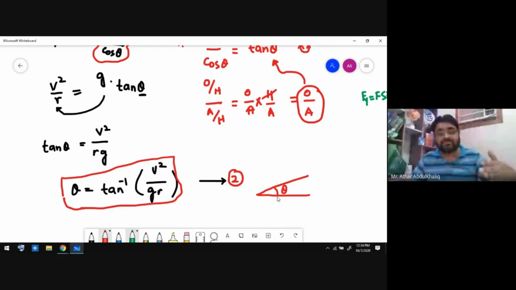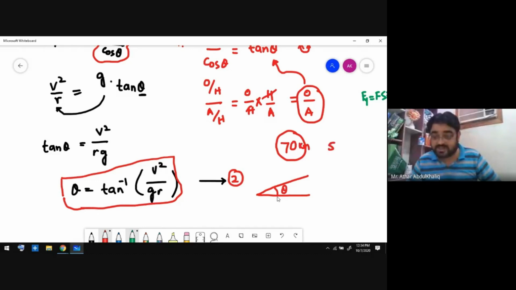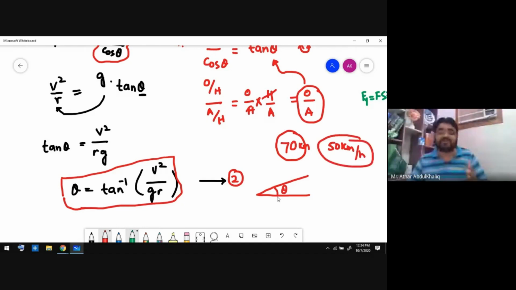If the car will move 70 km per hour, so whenever you go to the main roads there will be a signboard written in a circle that maximum speed limit is 70, maximum speed limit is 40 for this curve. 40 or 70 or 50 is written before the curve. What does it mean?